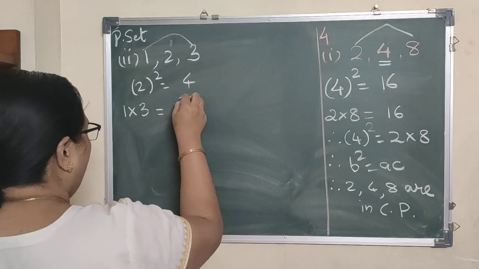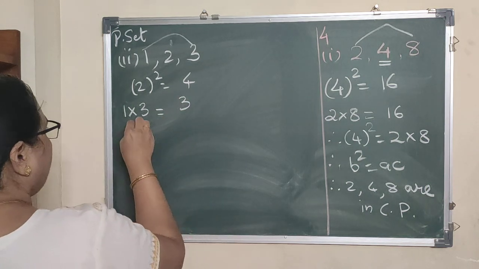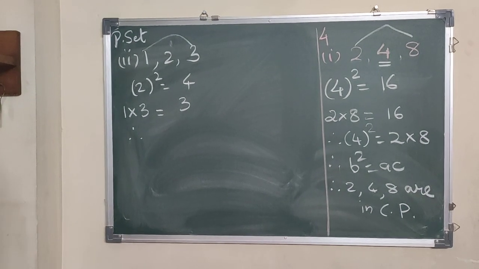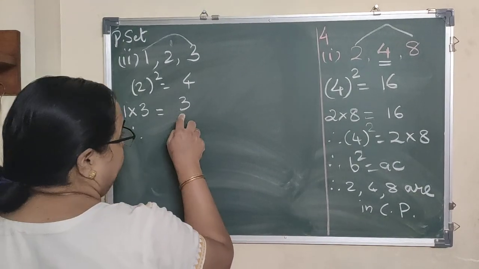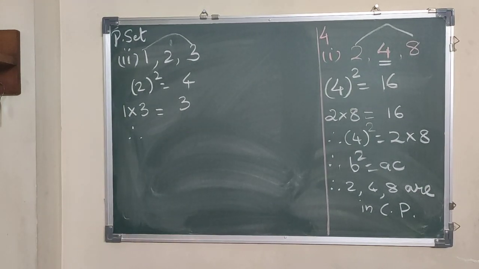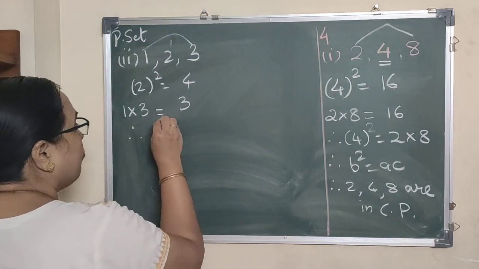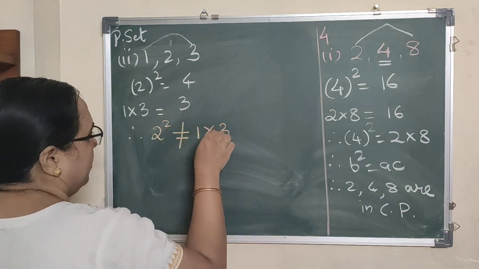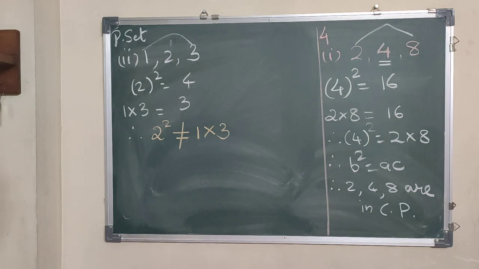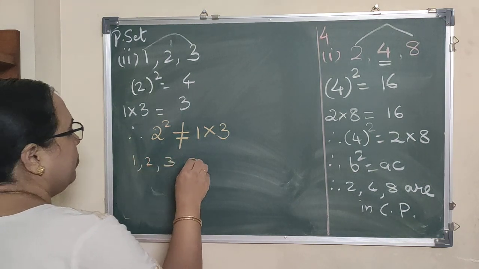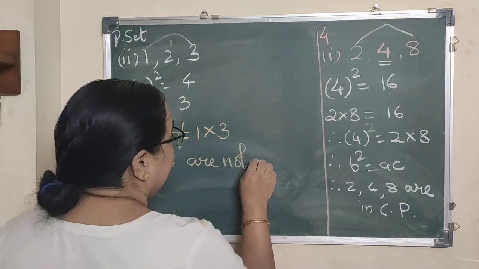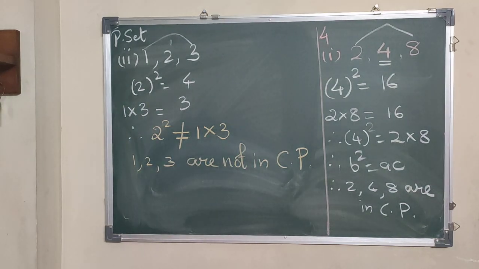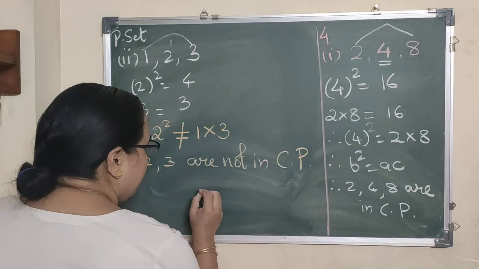What is 1 3s? 3. Correct? Therefore, 2 square is not equal to 1 into 3. Since it is not equal, we can say 1, 2, 3 are not in continued proportion.